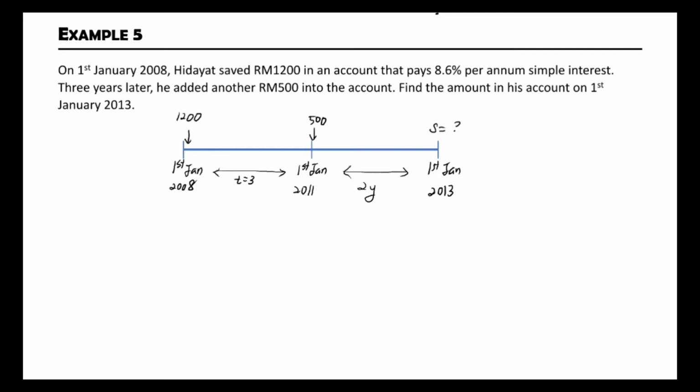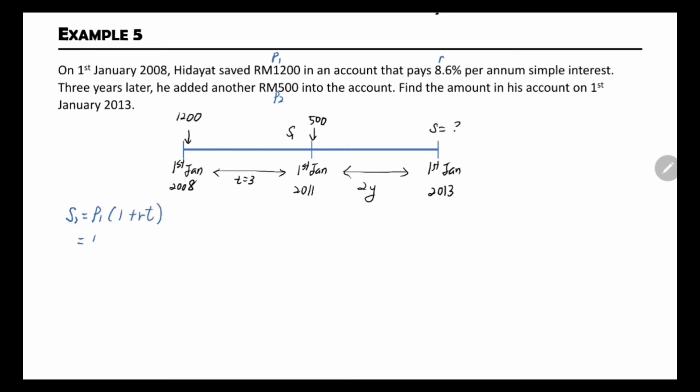Since we have two principals, 1,200 and 500, we have interest from here and here. One way to find the sum is first we find the sum on the first 3 years, where S1 is from 1,200. So this is R, this is P1, this is P2. S1 is from P1(1 plus RT).